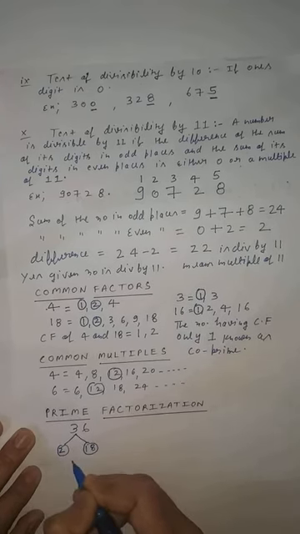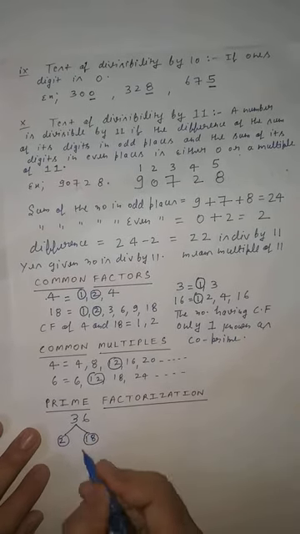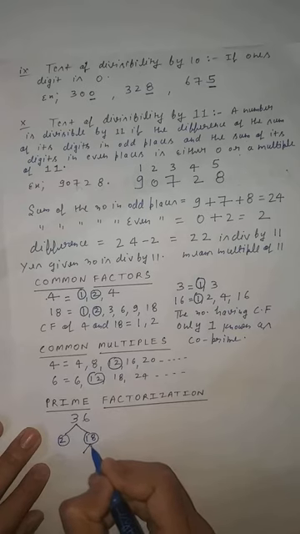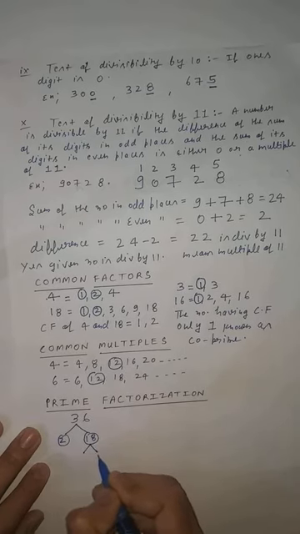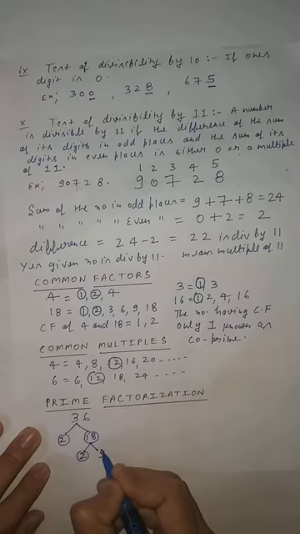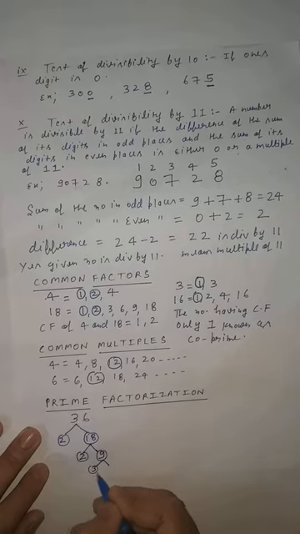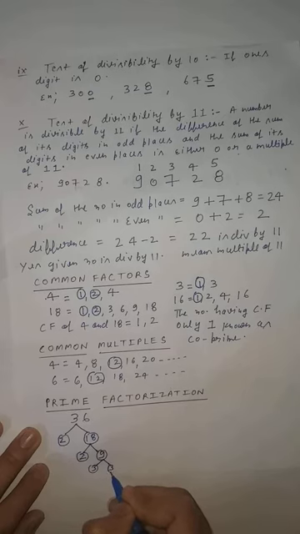Now 2 is a prime number, because 2 is only divisible by 1 and 2. And 18 you can write as 2 and 9. 2 is also prime. 9 you can write as 3 and 3.